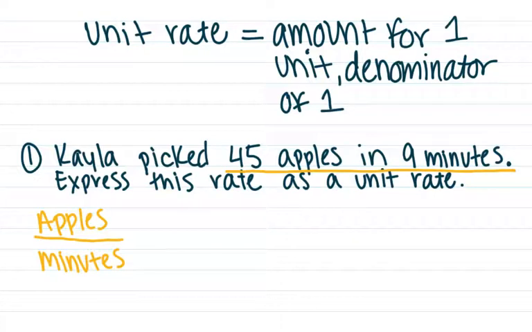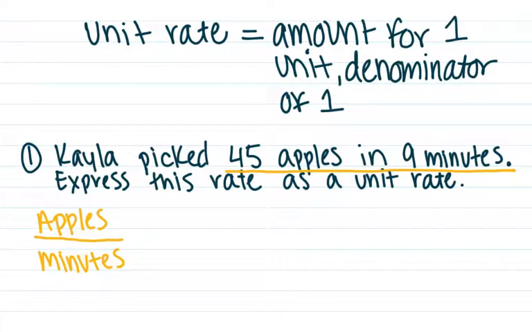Once I write my words, again, notice the order. My apples came first and then my minutes. So apples is my numerator, minutes is my denominator. You can switch that around, but remember, we want to know the unit rate. So we're trying to figure out how many apples Kayla can pick in 1 minute. So minutes really need to be on the bottom because remember, I want a denominator of 1.